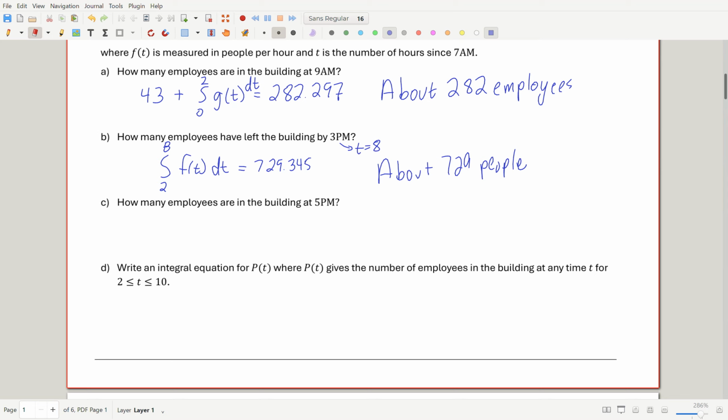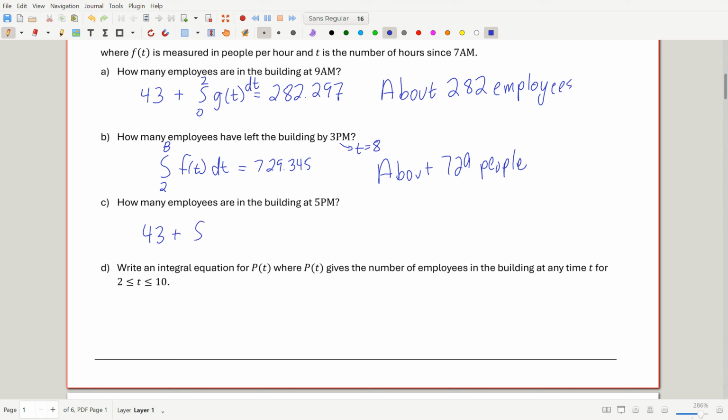How many employees are in the building at 5 p.m.? So now we've got to bring people in and take people out. Do we want the change or a total? Total. So we've got to start out with our 43 plus the integral for g of t and minus the integral for f of t.